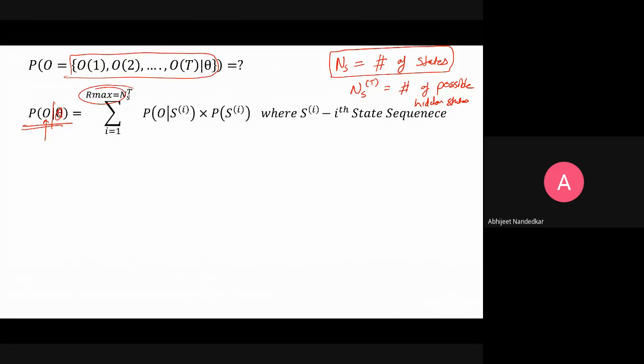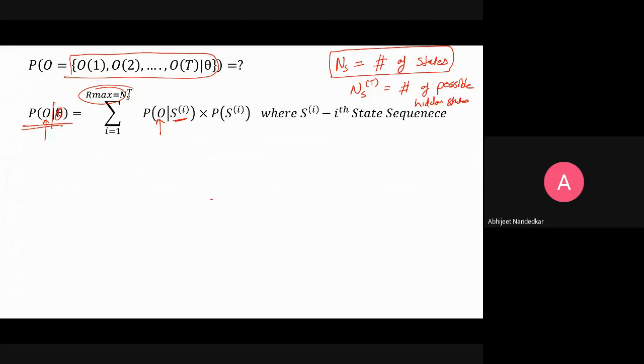Now this is the sum over the probability of observing O, or probability of obtaining observations O given a state Si.